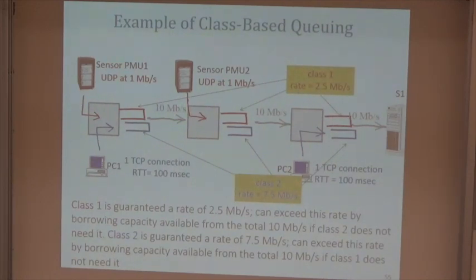Another classical example, which is the one shown on this figure, is if you have non-congestion controlled applications. Here I'm showing sensor applications that send traffic at a given fixed rate. This can be a video camera, this can be a temperature sensor, this can be any equipment that is measuring the physical state of some process, like in electrical grid phasor measurement units.